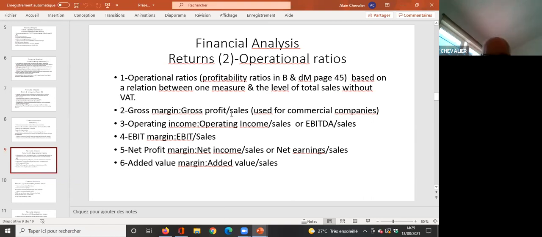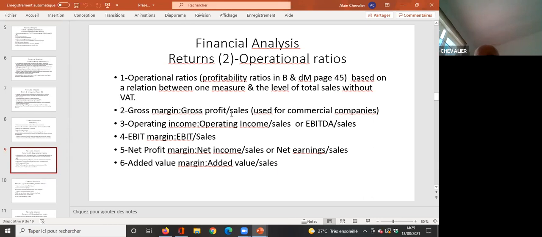And for the bottom, last line on the income statement, the net profit margin, which is net income or net earnings divided by sales. Another one is used in our system, which is the added value margin: the added value divided by sales.